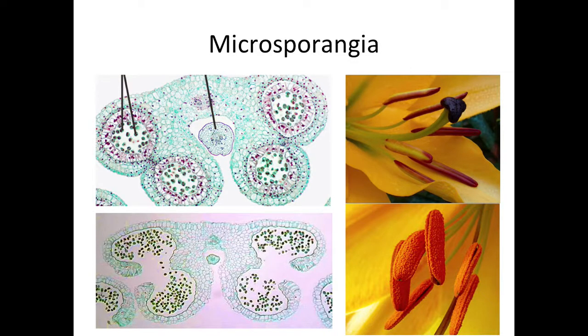Okay, so here are two different views of the anthers. Here you can see that the tapetum cells are still very much intact. They're still connected to the middle layers. So what stage of development do you think these microsporocytes are in?